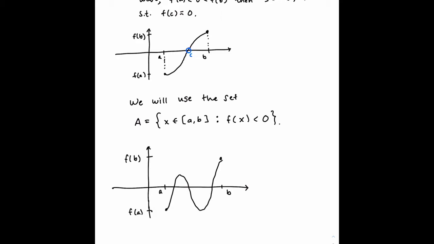The point is that there eventually has to be a last time that our function crosses the x-axis. And the argument that we're going to use is that last time is right here, and that x value is the supremum of the set A that I just wrote down.